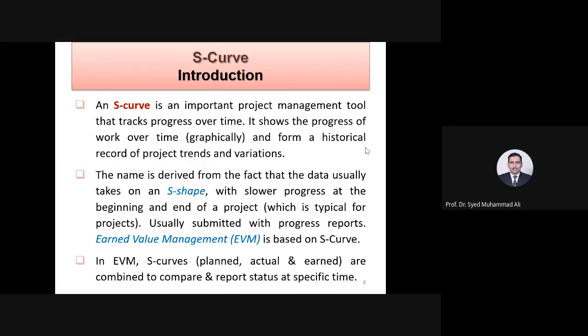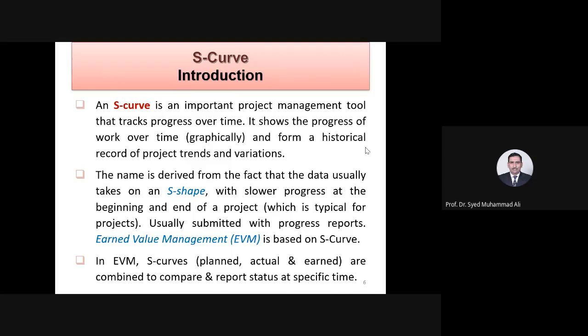So if your project is of 1 year, it started on January 1st. Today is, let's say, 1st of July, for example. Or let's say today is 8th of June. So at 8th of June, we will see backwards what we have done as per our baseline.